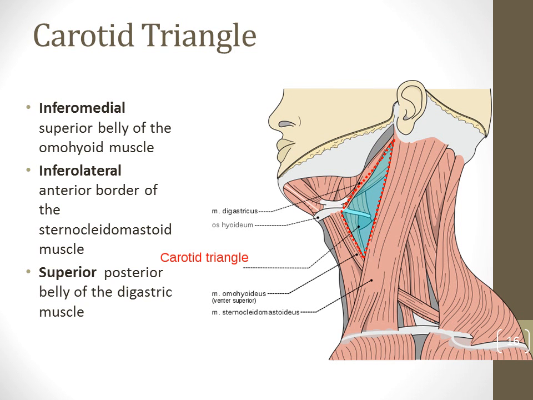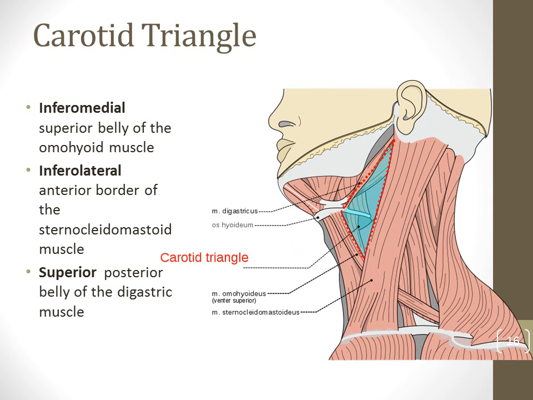So now we're going to move on to, I think, the most complex triangle of the ones that we've talked about yet, and it's the carotid triangle. And the borders here, again, I've superimposed a little line over the triangle. You can see the inferomedial border is the superior belly of the omohyoid right here.